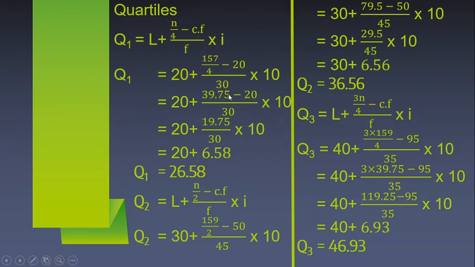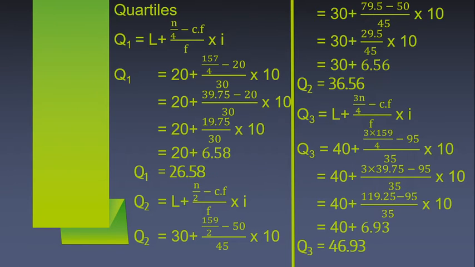Subtracting, we get 19.75. Then we divide it by 30 and multiply it by 10. So it is 20 plus 6.58, which comes to 26.58. This is with regard to Q1.